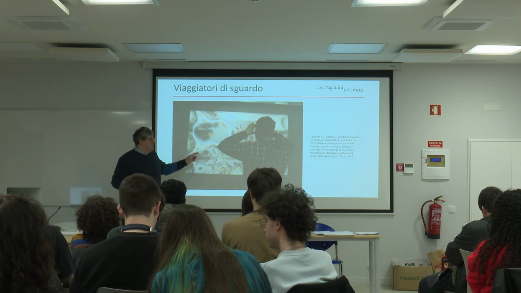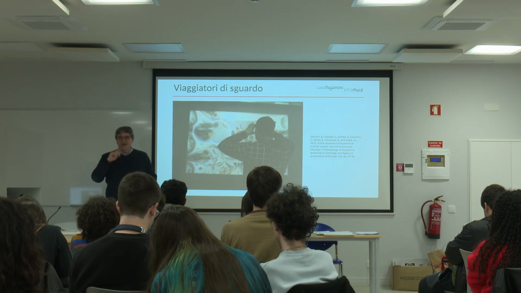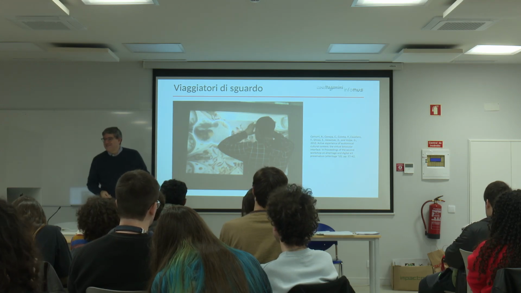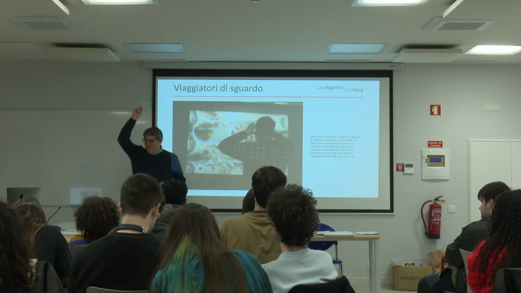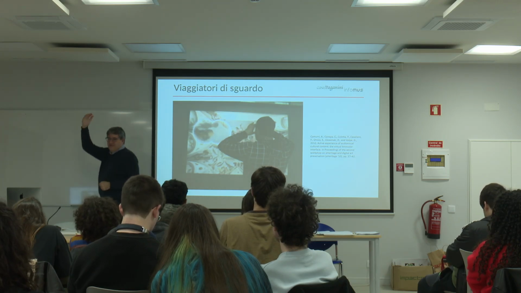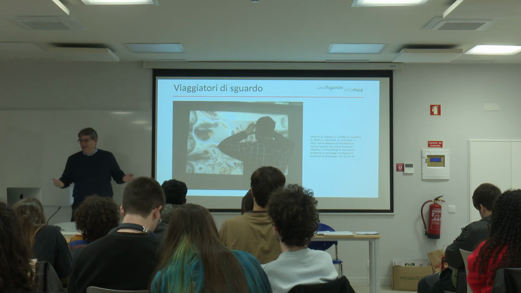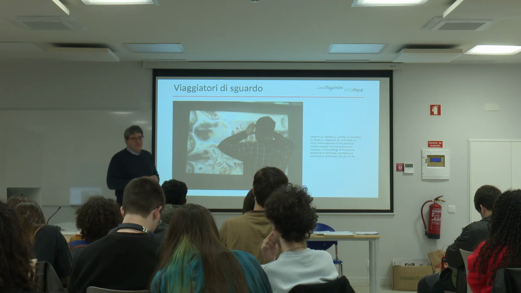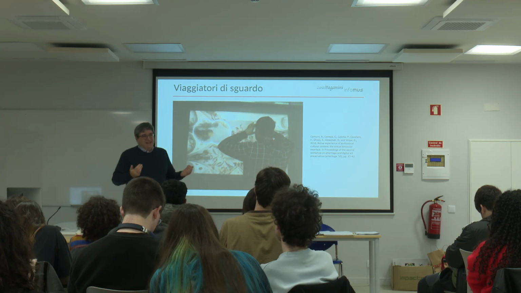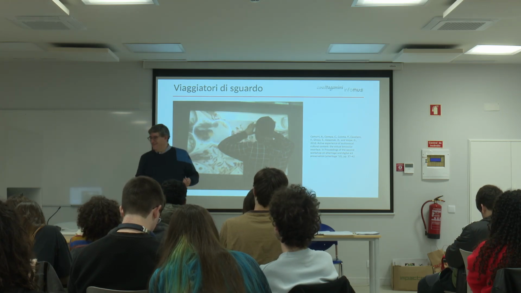For example, to see the details of a fresco which is 6 meters high, you would need to go up close to the fresco, but of course you cannot. Technology, on the other hand, can help you to have this experience, even if you cannot go there.